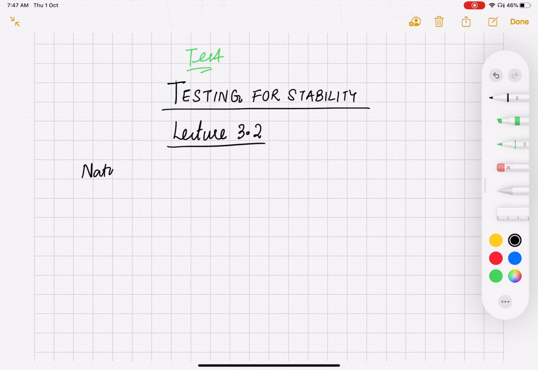If even one of the poles is in the right half plane, that is to say, it has a positive real part, the system is unstable.